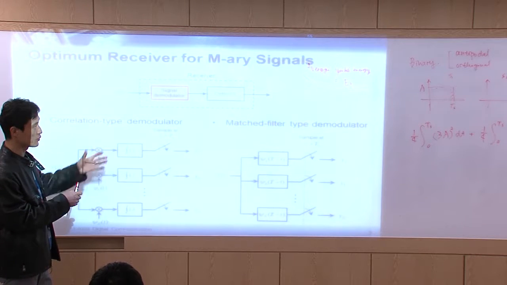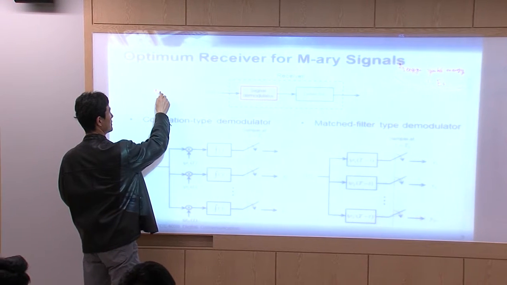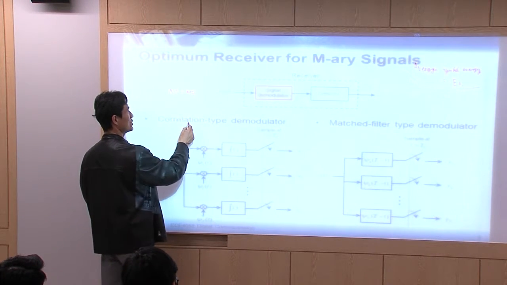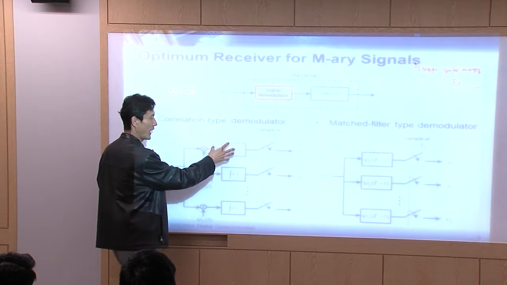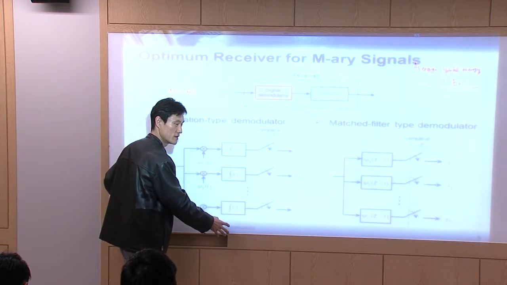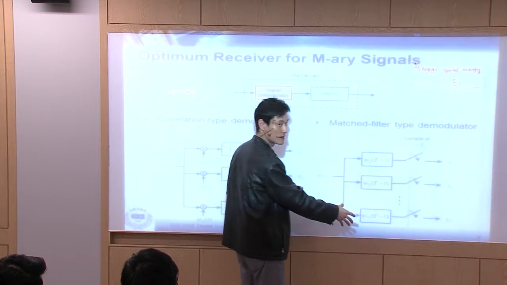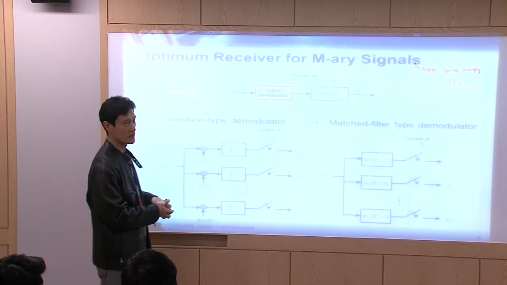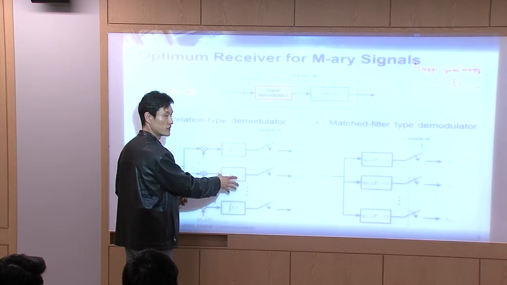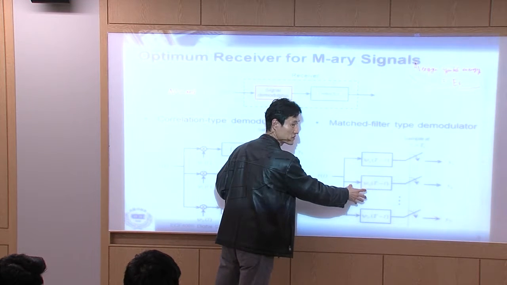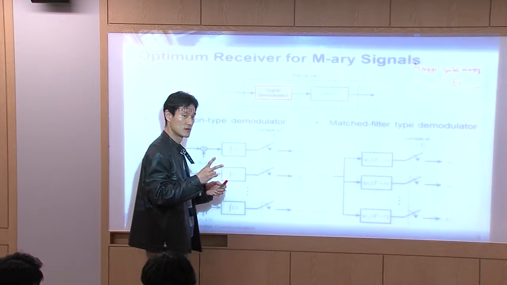For binary signaling, we already learned that. What about if we use M-ary signals? In that case, we are going to have M number of correlators and M matched filters. That's as simple as that, right? In the case of binary, we have 2 matched filters, because there are only 2 symbols.